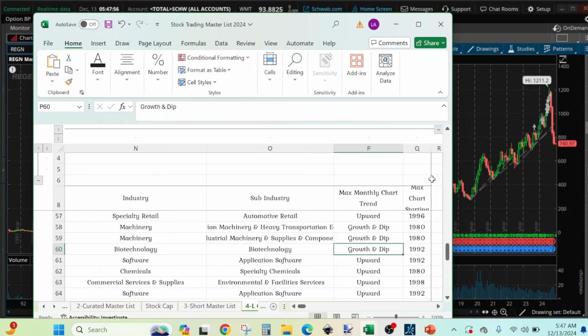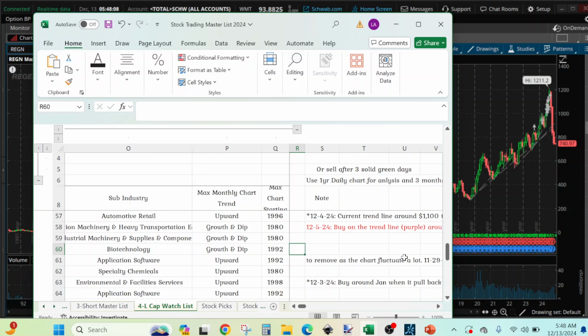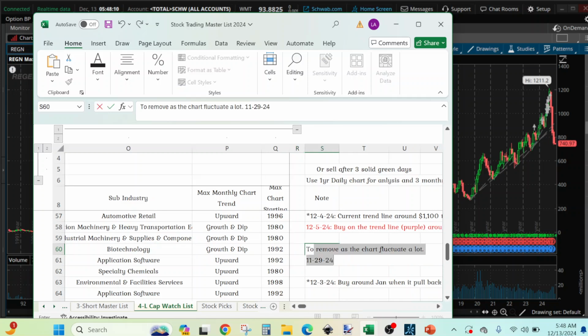Okay, I'm not sure what is going on here. Are we using the right? Yeah, I must have unhide something here to remove after we sold it, to remove from watch list.